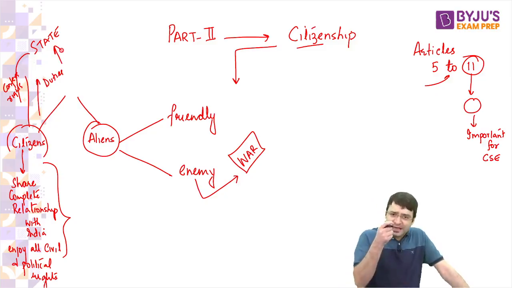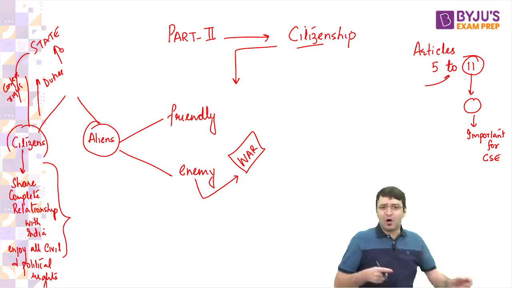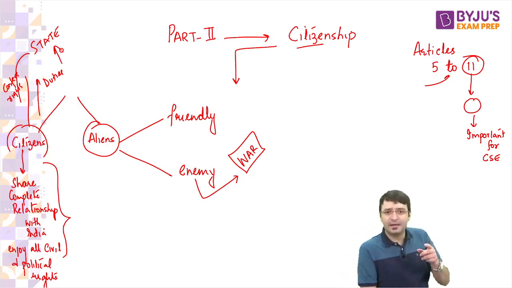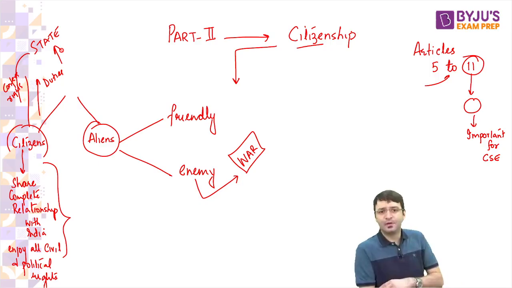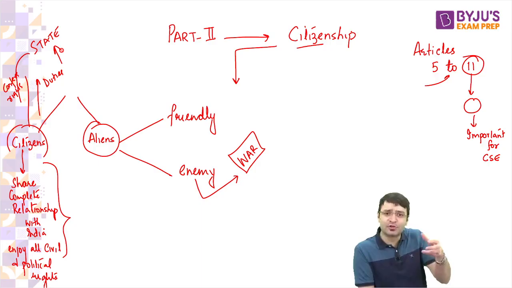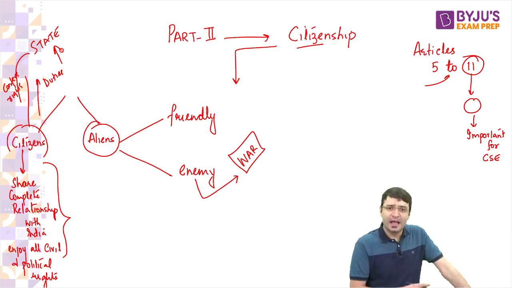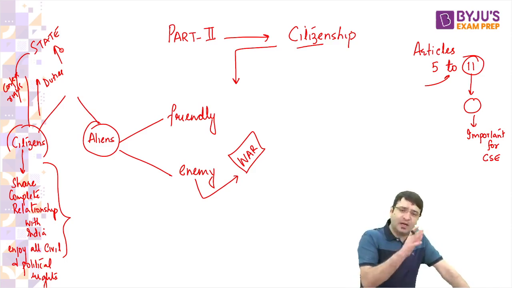For example, it's like a legal compact. Only the citizens of India can contest elections. Only the citizens of India can apply for government jobs. Only the citizens of India can apply for various constitutional positions, become judges of the court, become Chief Justice of India, become the Comptroller and Auditor General. And all fundamental rights are available to the citizens.